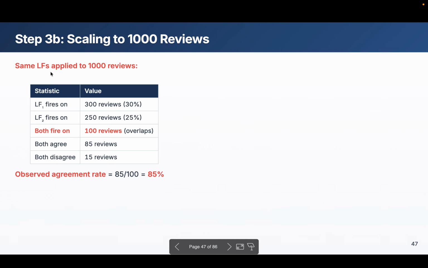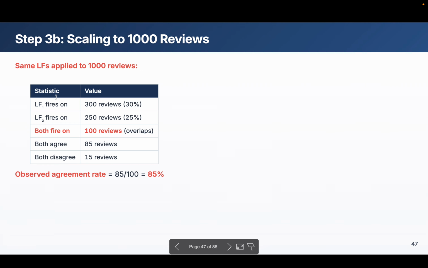So let's assume that we applied these labeling functions to 1000 reviews. LF1 fired, meaning it voted, on 300 reviews. LF2 fired on 250 reviews. So 30% and 25% are the coverages. Both are firing: the intersection between LF1 fired and LF2 fired is 100 reviews. And out of these 100, they agree on 85 samples and disagree on 15 samples.